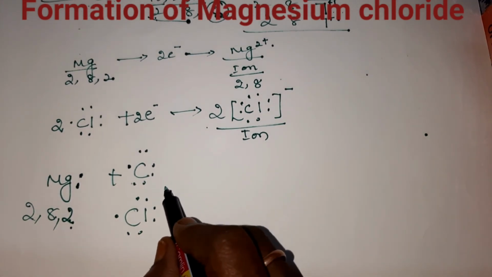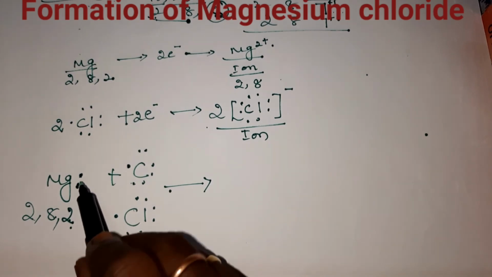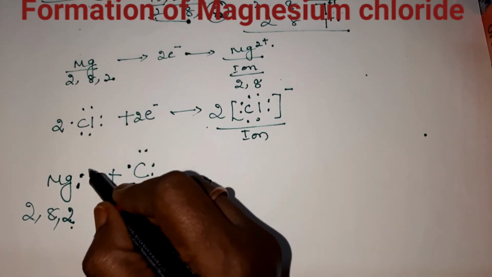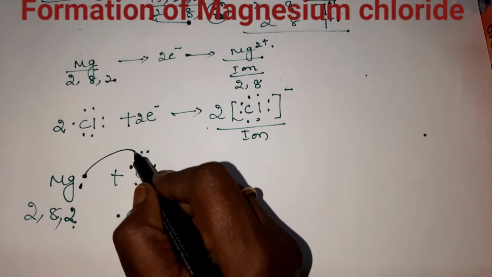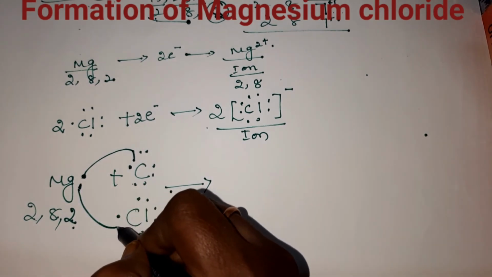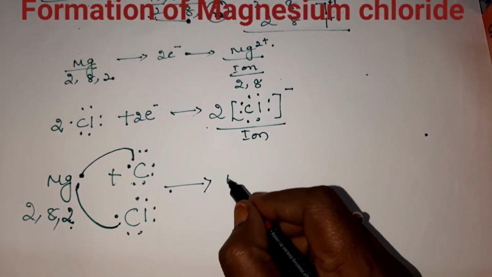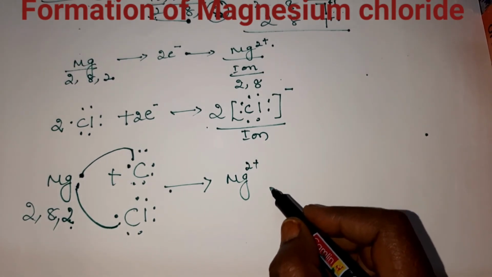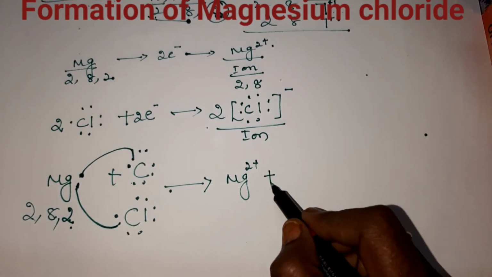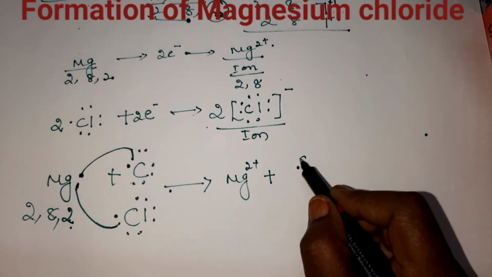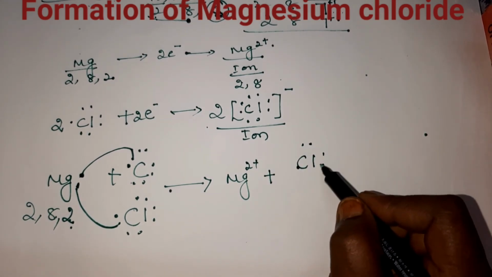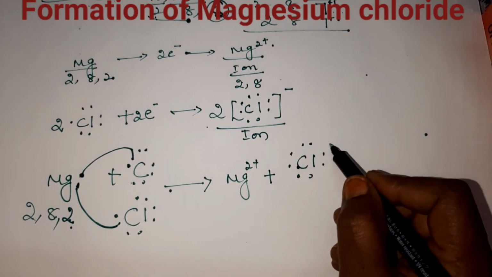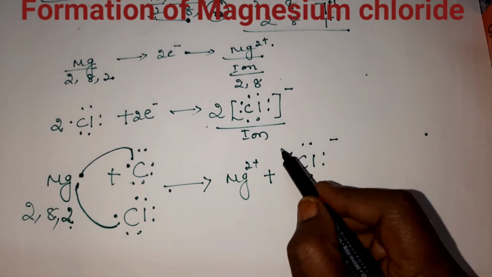Now we shall see how is the formation. Now this magnesium will donate 1 electron to this chlorine and 1 more electron to this chlorine. Now Mg donates 2 electrons and becomes magnesium ion plus, chlorine 8 electrons and forms negatively charged.